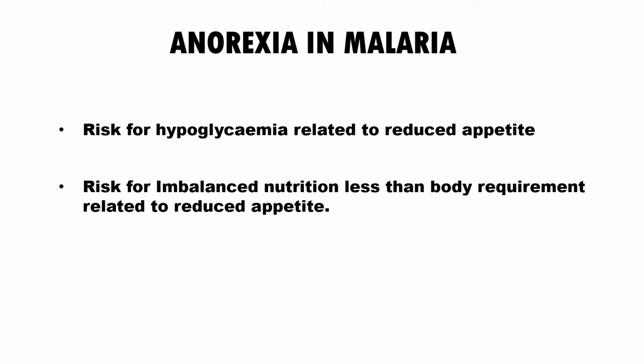Risk for imbalanced nutrition less than body requirement related to reduced appetite. So for you to get the required nutrients in the body, there's only one common way, that is for you to eat food. So if the appetite reduces, there's no way you can take in the food, the nutrients that are needed.